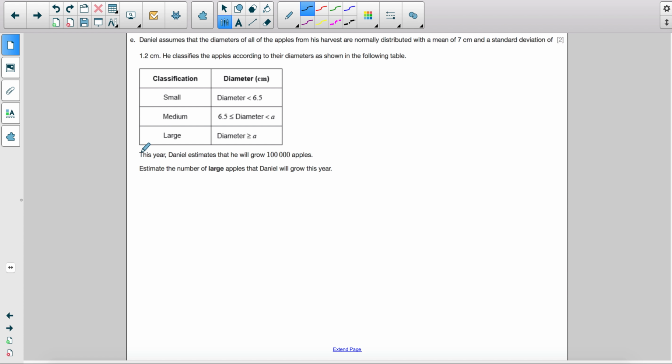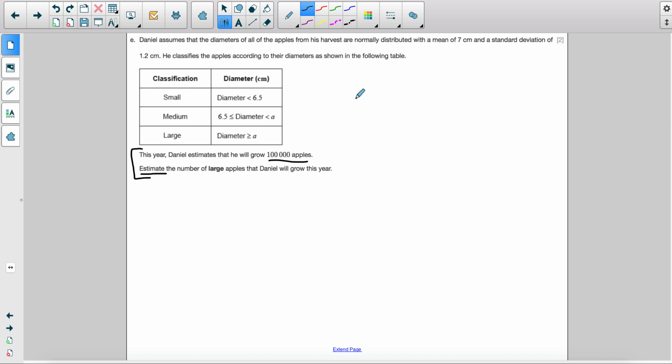The last part of this question. So this year, Daniel estimates that he will grow 100,000 apples. Estimate the number of large apples that Daniel will grow this year. We need to remember to use the values that we have.